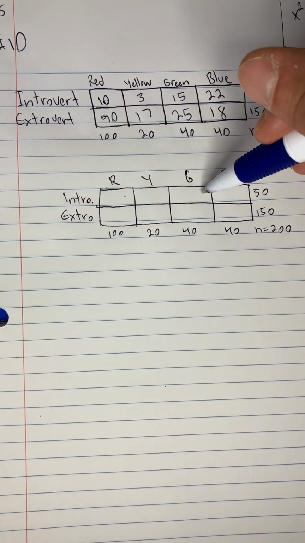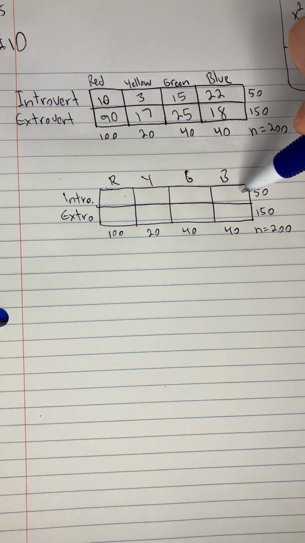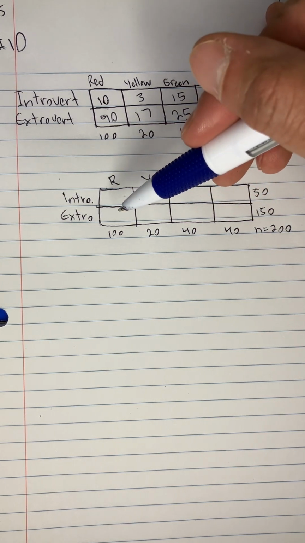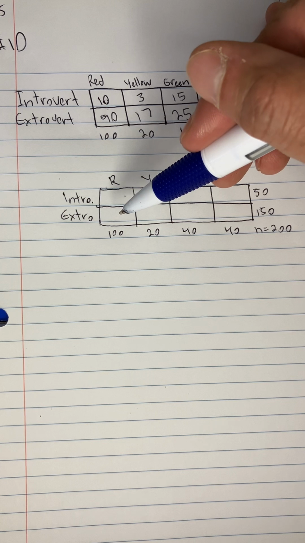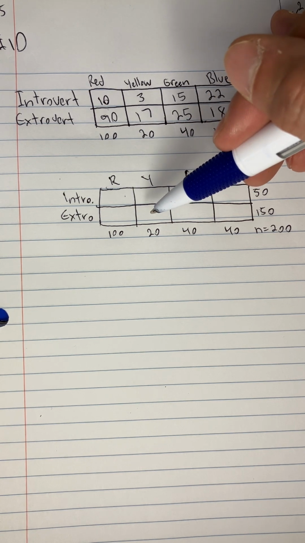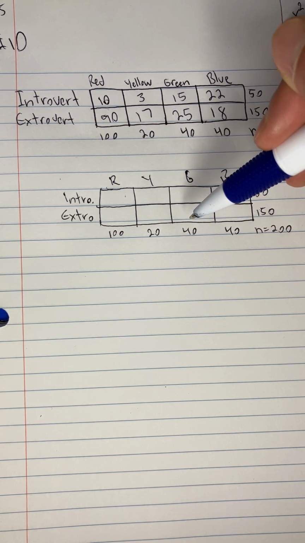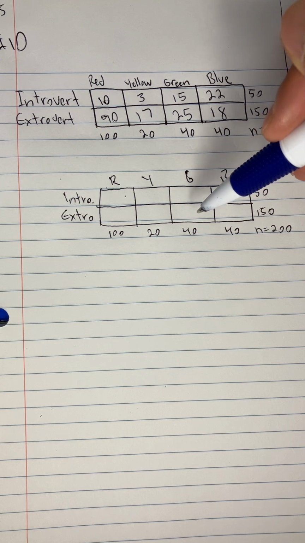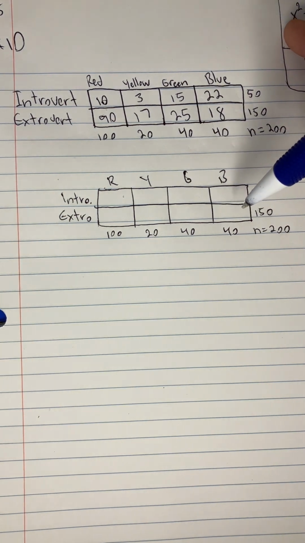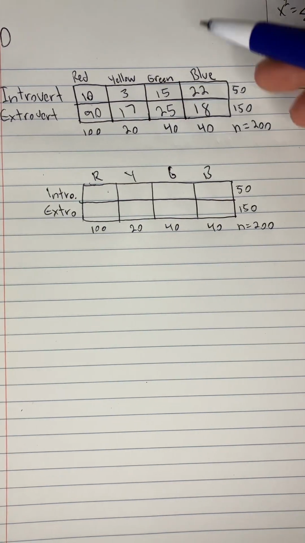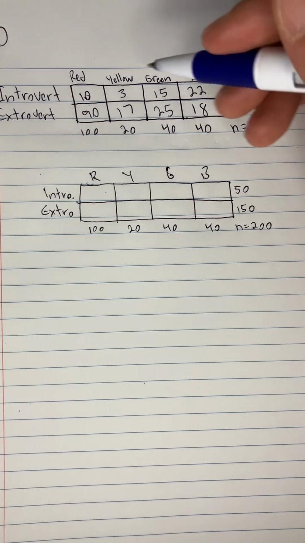This one's 50 times 40 over 200. This one's also 50 times 40 over 200. And then down here, 100 times 150 over 200, 20 times 150 over 200, 40 times 150 over 200, and 40 times 150 over 200. So you should get the following values.